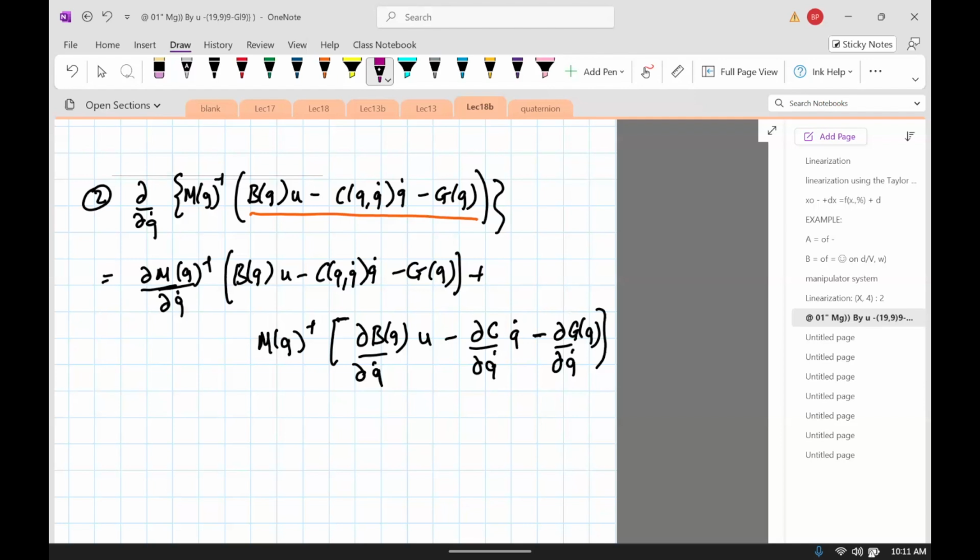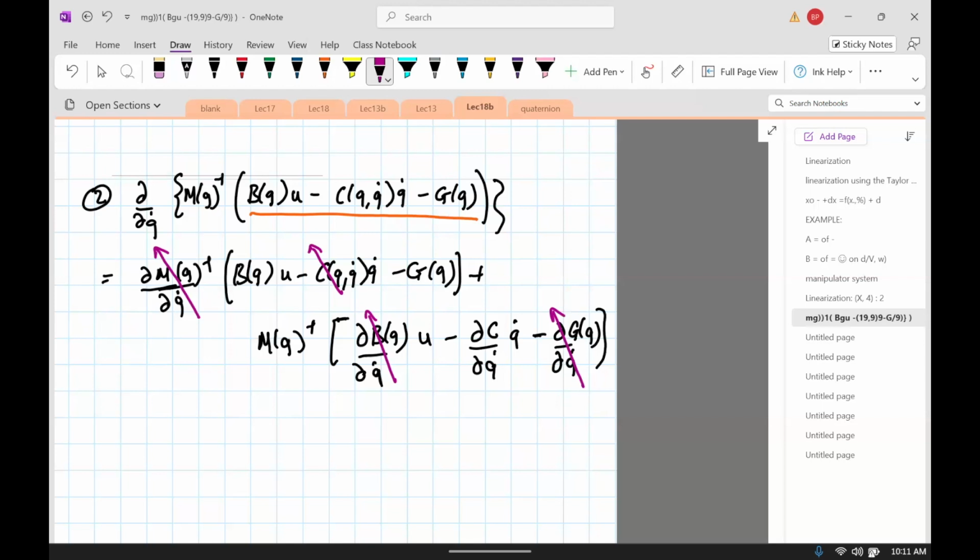Yes, so first you notice that this term is definitely 0 because m is a function of q and we're taking the derivative with respect to the velocity. It also happens that this is 0, so it really doesn't matter which is 0, but one of them is 0 and the whole thing is 0. And now we can do some simplification here. This p is a function of q, but you're taking the derivative with respect to q dot, so this is 0.